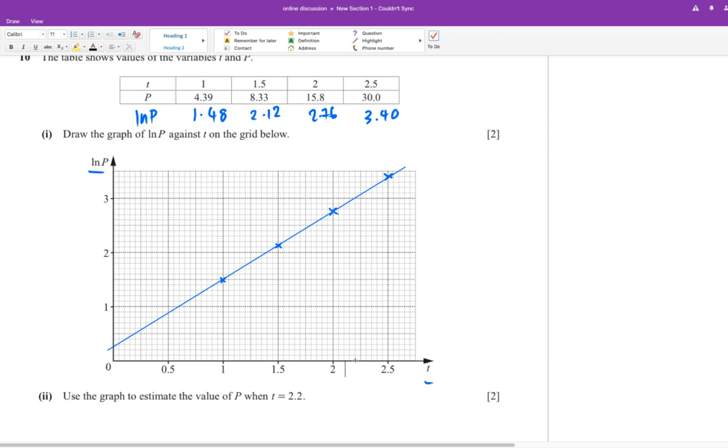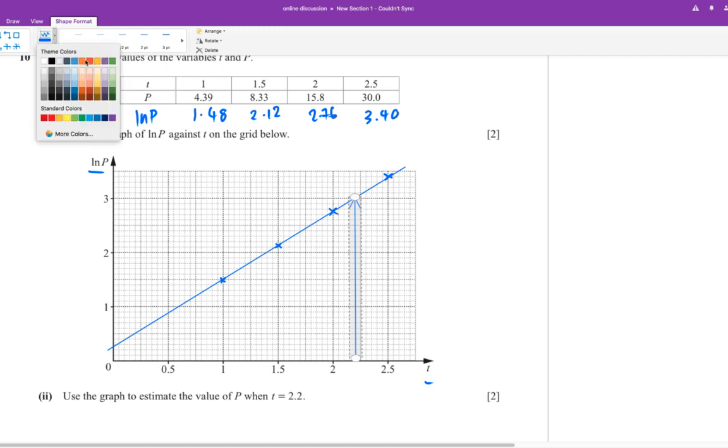From 2.2 here, if I go up here, let me change it into another color.